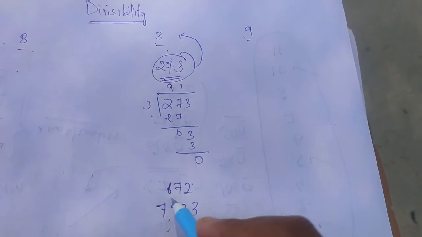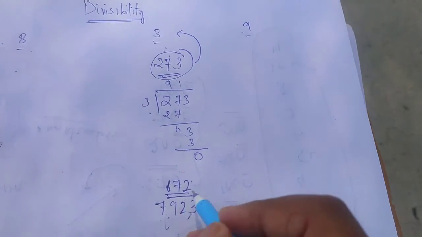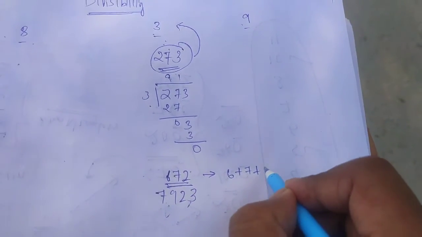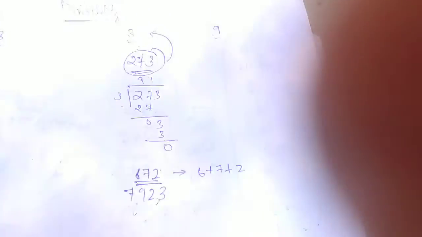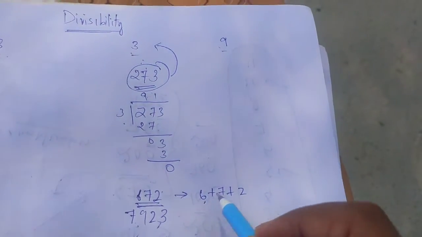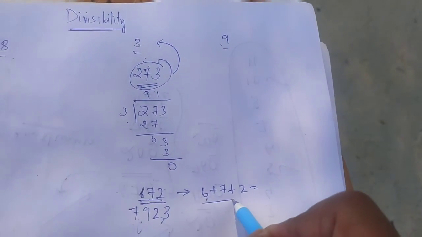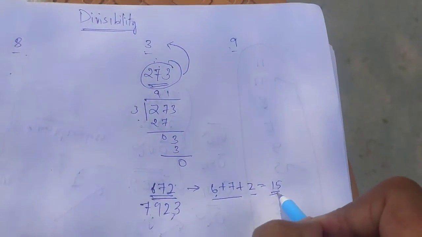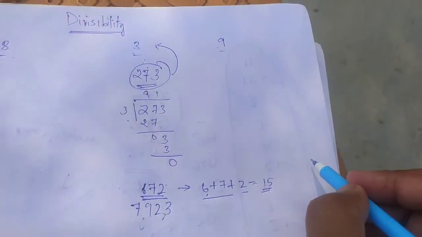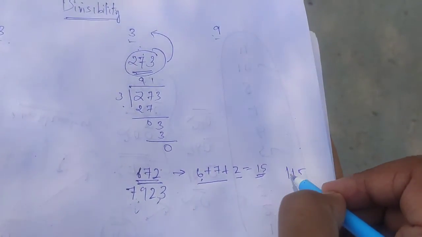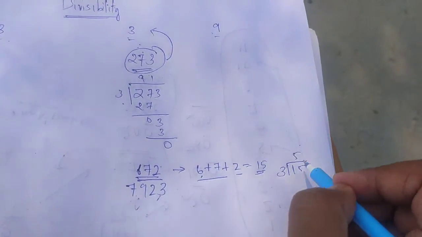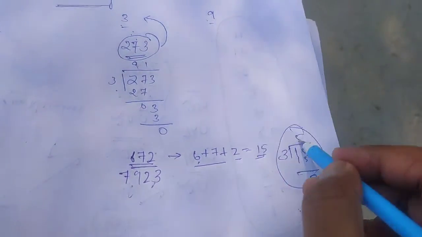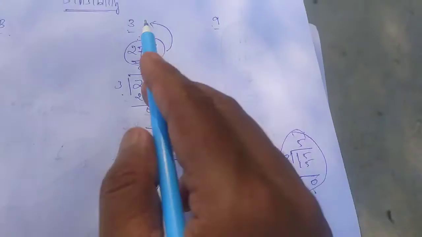That is, 6 plus 7 plus 2. 6 plus 7 is 13. 13 plus 2 is 15. This 15 is divisible by 3 because 3 5s are 15, so we get remainder 0. Therefore, this number is divisible by 3.